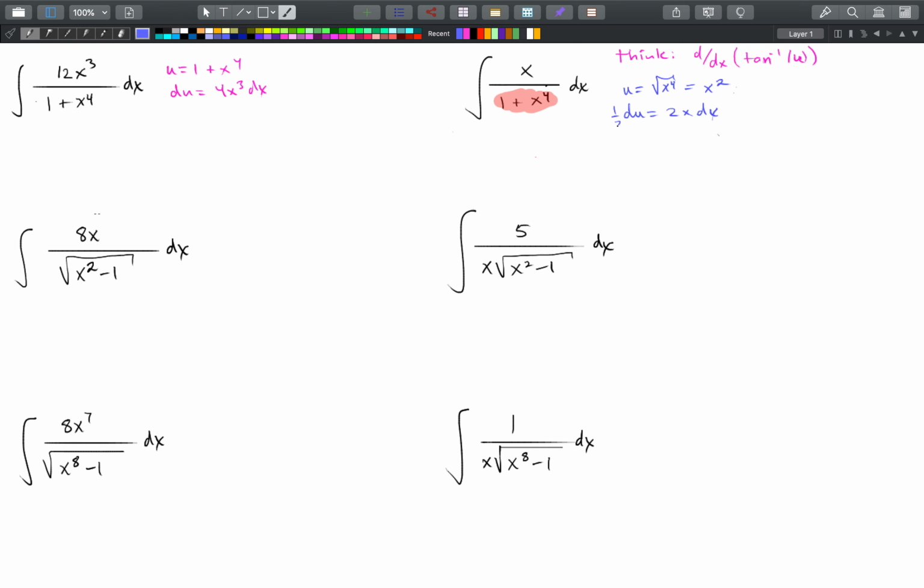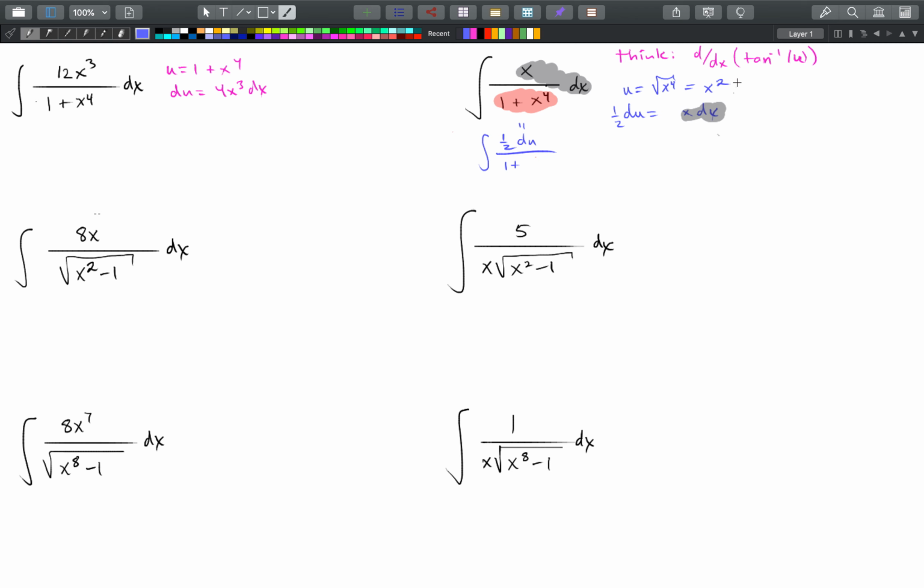Divide both sides by 2, and you have your x dx that you're going to substitute in with 1/2 du. Now, let's see how that rolls. So this is going to be equal to my 1/2 du all over, downstairs, 1 plus x to the fourth.